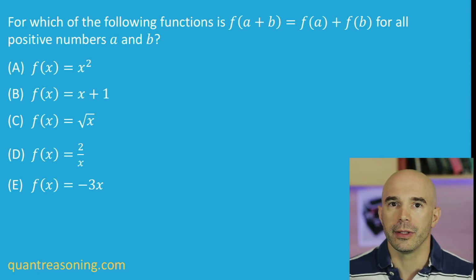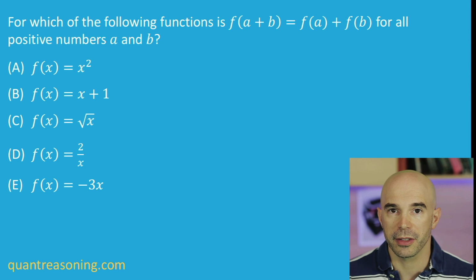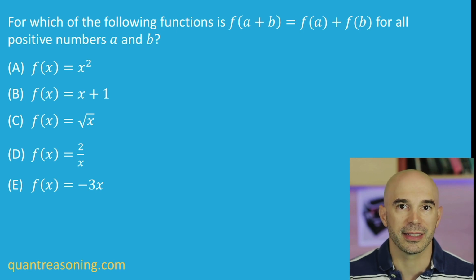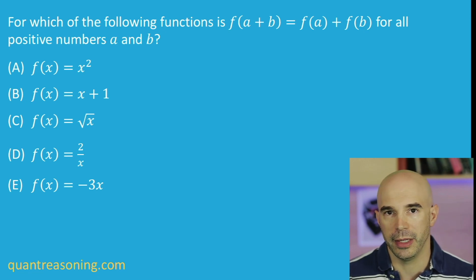It takes the square root of the input and spits out the output. And the fourth answer choice takes the number 2 and divides it by the input. And then whatever remains, that's the output. So it takes 2 divided by whatever the input was. And finally, the last answer choice just multiplies the input by -3 and then spits out the result.